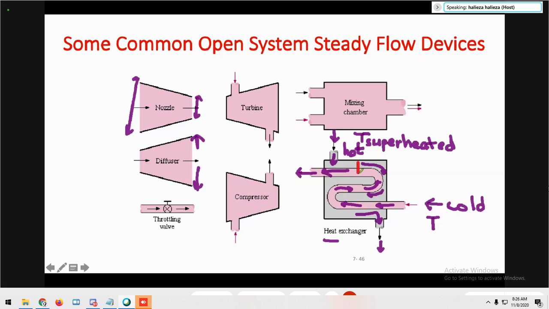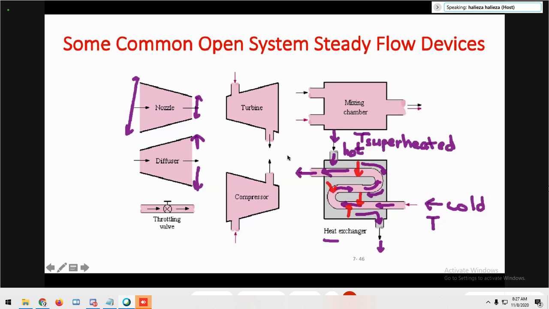There will be a transfer of heat from the hot fluid to the cold fluid. So there will be heat transfer going into the pipe. What happens is the fluid inside the pipe will get heated up. By the time that fluid comes out, it should be hotter.